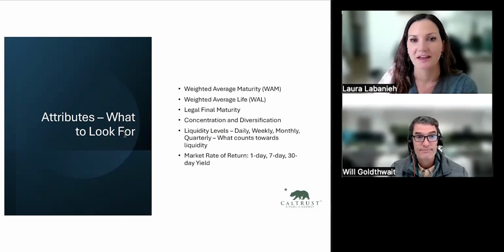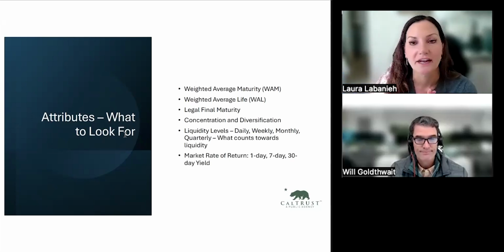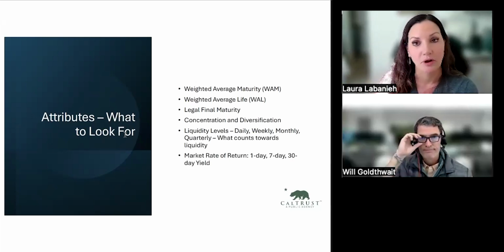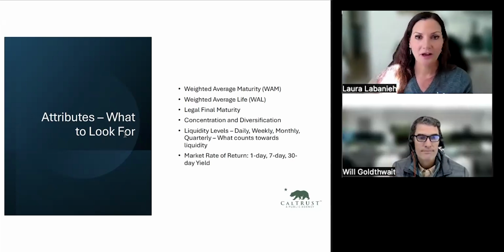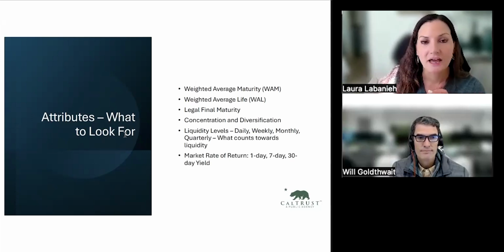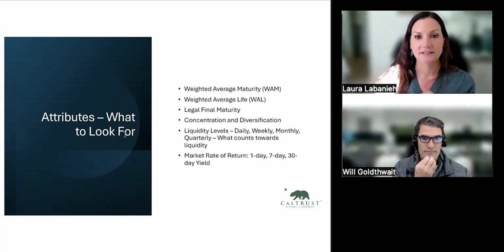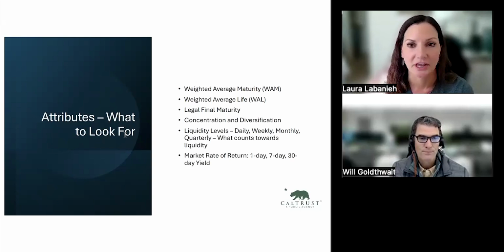Before I hand it over to you to kind of preface that, the first thing you have to consider when asking a question like that is what fund you're looking at. Does your fund have a stable or a floating net asset value? In our CalTRUST Liquidity Fund, for example, we are a stable net asset value fund. And the two other LGIPs in California, their main funds are also stable net asset value funds. So that's not going to be a consideration.